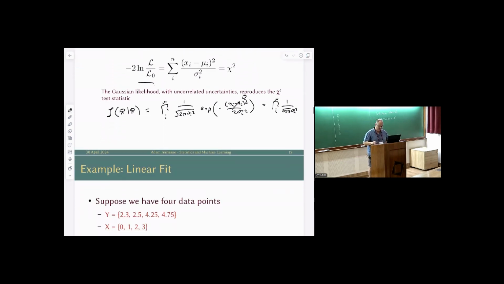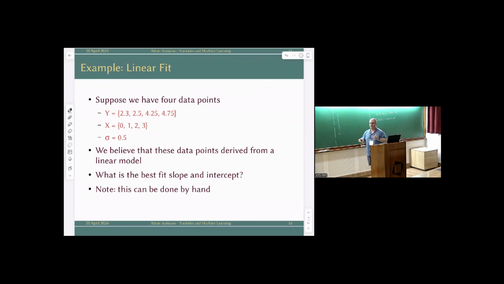Once you have that, you can use it to do a linear fit. So this is something I'd like you to do after you're done here. Imagine you have 4 data points. Our y values are 2.3, 2.5, 4.25, and 4.75.